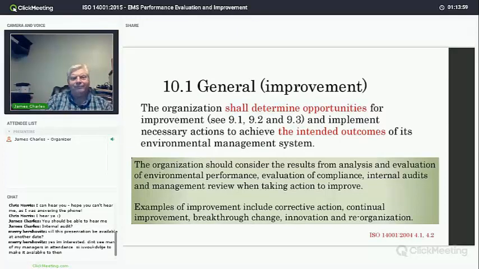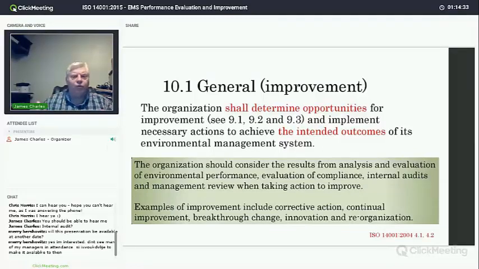But again, it just shows us that defining nonconformities can be a positive thing. Okay, so 10.1, general improvement. And it doesn't get any more general than this. The organization shall determine opportunities for improvement and implement necessary actions to achieve intended outcomes. So if you remember from our previous webinars, the minimum intended outcomes of your management system are to enhance environmental performance, meet our compliance obligations, and achieve our environmental objectives.